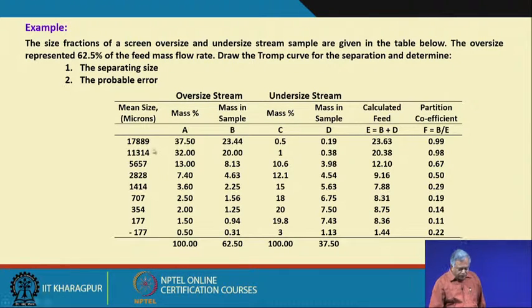So, what do I have to do? 37.5 multiplied by 0.625, that is the fraction. Then we get back to this value. Like that, 32 multiplied by 0.625, 13 multiplied by 0.625, all the numbers in this second column we have to multiply with 0.625 to have a column like this, that is column B, which is the mass in the sample reported at discrete sizes into the oversize.